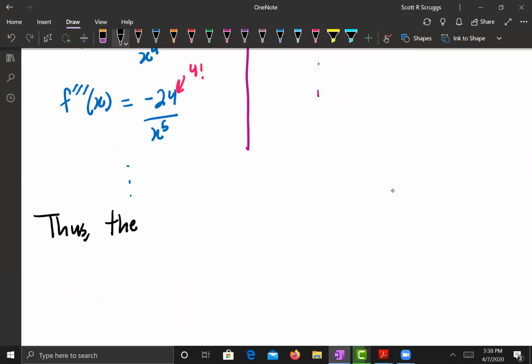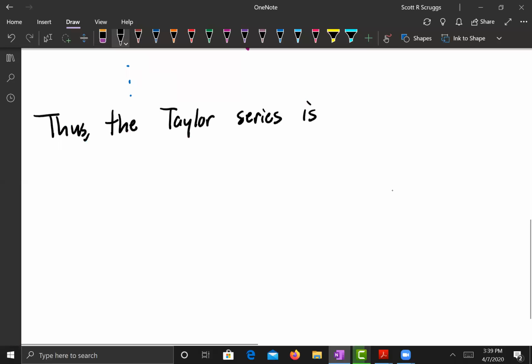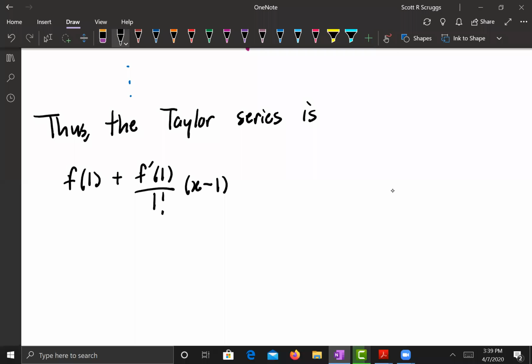Thus, the Taylor series is going to be the following. It's going to be f of 0 plus the first derivative. Oh, not Maclaurin. Taylor series at 1 over 1 factorial x minus 1.